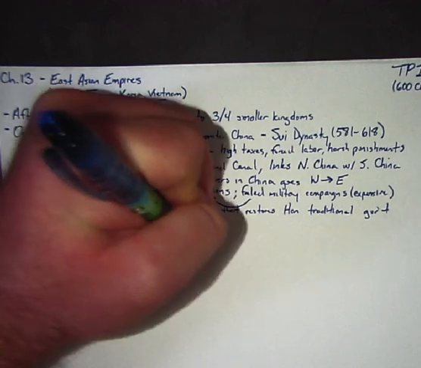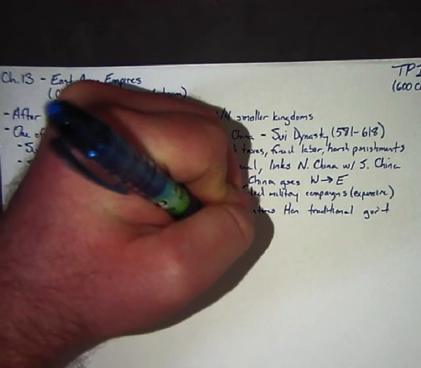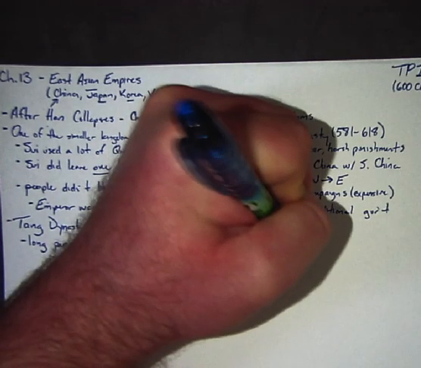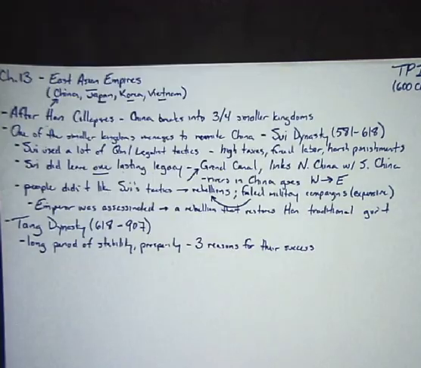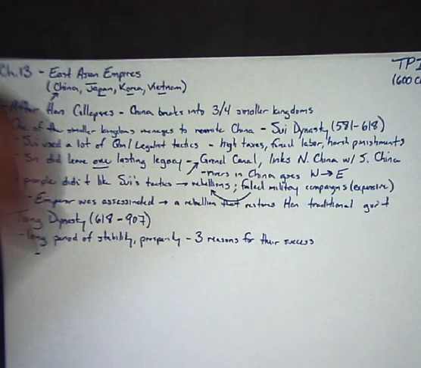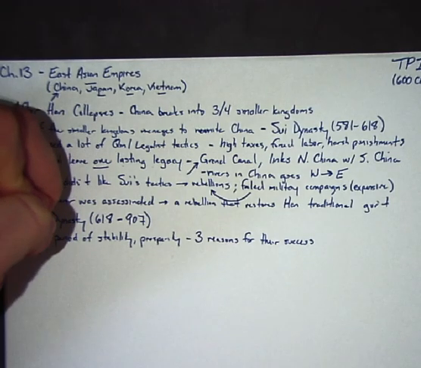So there were three big reasons for their success. A lot of this is going to sound familiar because it's basically what empires need to do to maintain order and stability and keep the people happy. So the first one of these is they had a big focus on transportation.